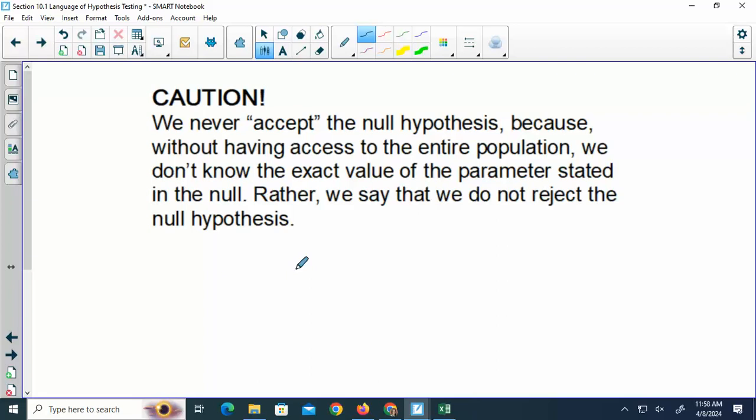It just means I didn't have enough evidence to prove that it increased. Our language at the end, we'll practice a lot more tomorrow when we start doing testing, but you're never going to say, I conclude that this is true. We're going to say, we either have enough evidence to reject our null, or we do not. We're not proving it's true, we just failed to prove that it's false. Do you guys understand the difference between those?